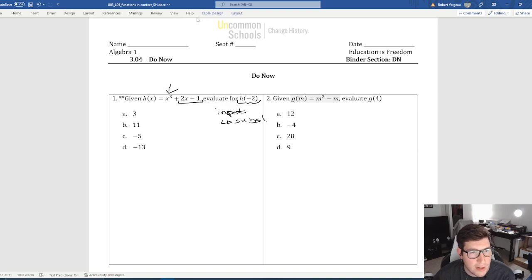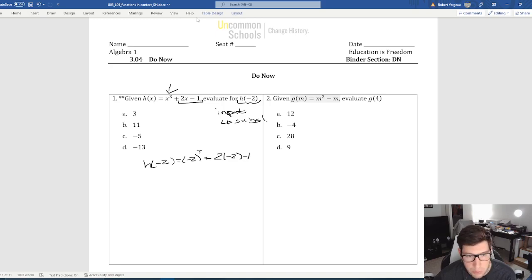And so anytime I see an x, I'm going to substitute in a negative 2. The only thing we have to be careful of here is that we have more than one x now. So, come down here for our work, h of negative 2 is going to be equal to negative 2 cubed, make sure that negative stays inside the parentheses, plus 2 times negative 2, again the negative staying in parentheses, minus 1. Awesome.